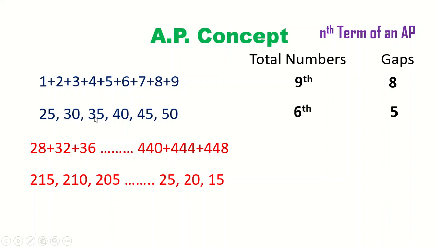So dividing 50 minus 25, which is 25, by 5, it is 5. That is the number of gaps, and you have to add 1 to get the total numbers. For example, here 9 minus 1 is 8, 8 divided by 1, because the gap between the first 2 numbers is 1. 8 divided by 1 is 8, so 8 plus 1 gives 9 numbers.